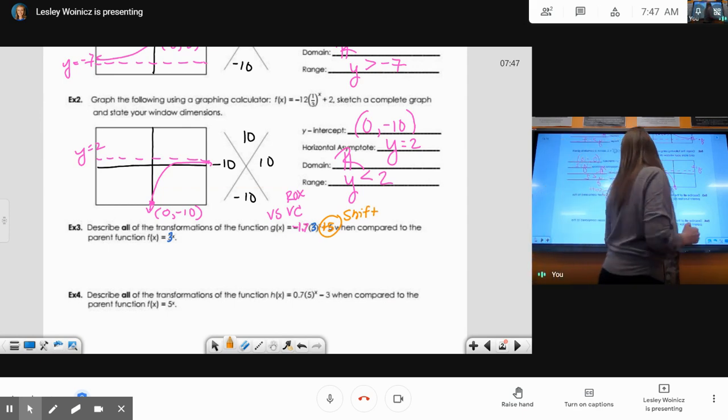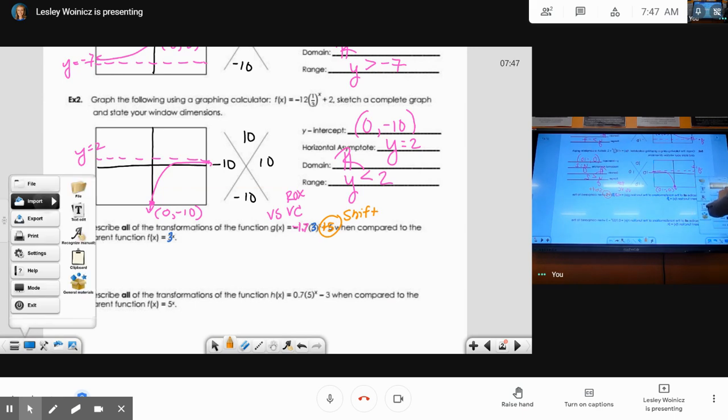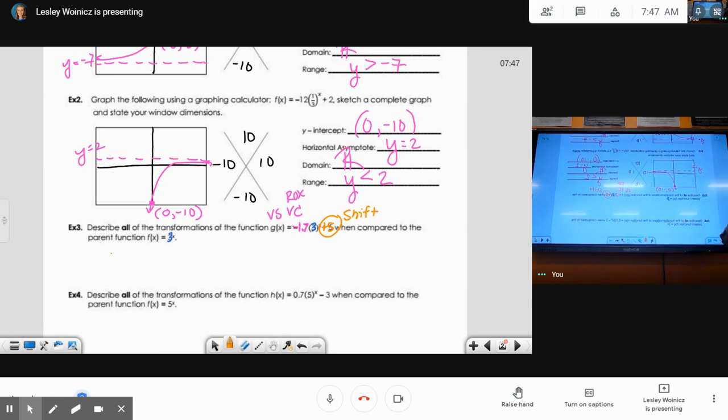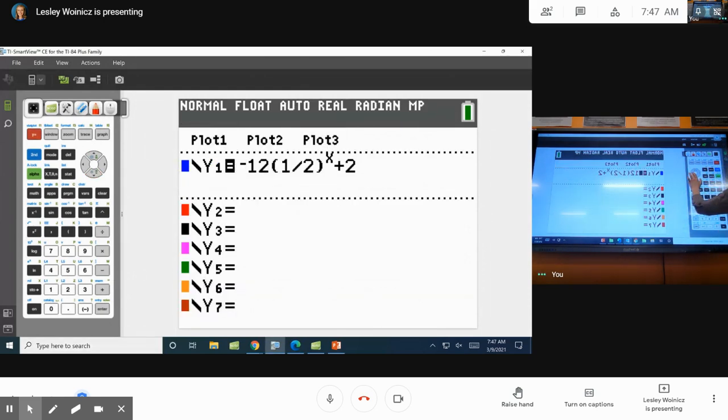Okay, but we can look at a picture of these two compared to each other. I want to go to my calculator. Go to y equals, clear that out, negative 1.7, open parentheses 2, power caret x, close your parentheses.